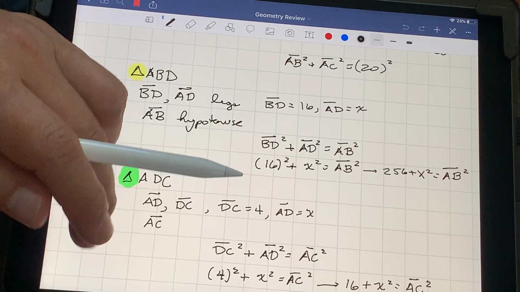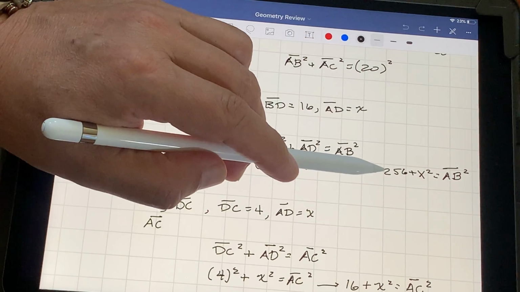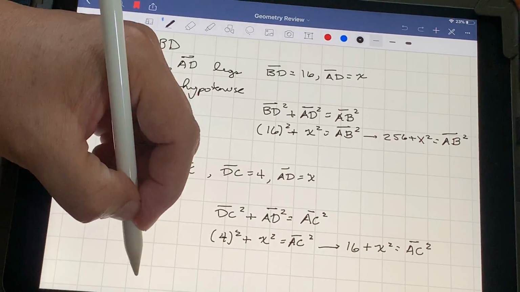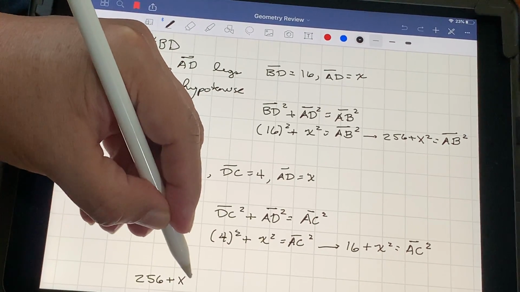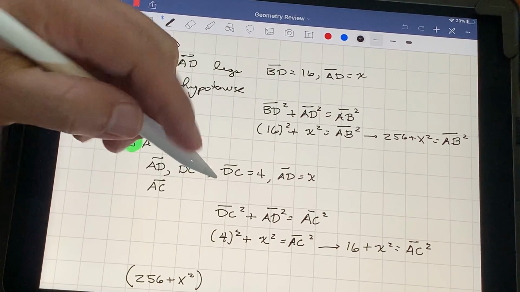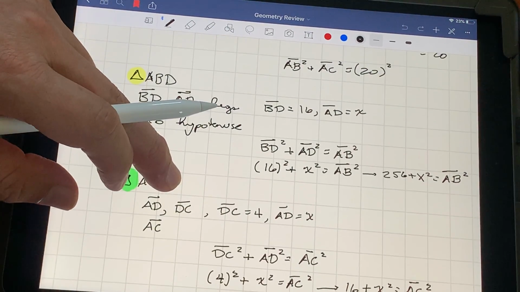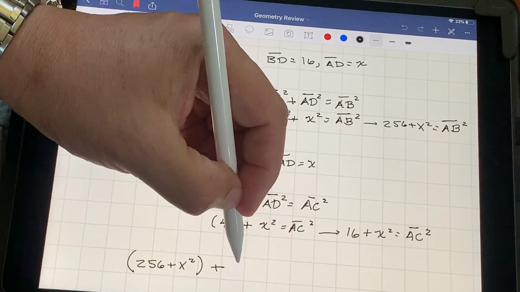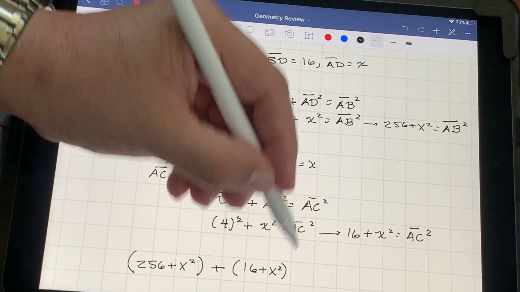So my new equation will be 256 plus x squared, plus AC squared. So now it will be 16 plus x squared.